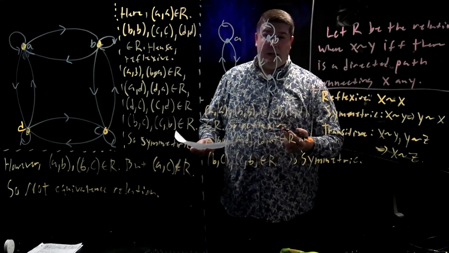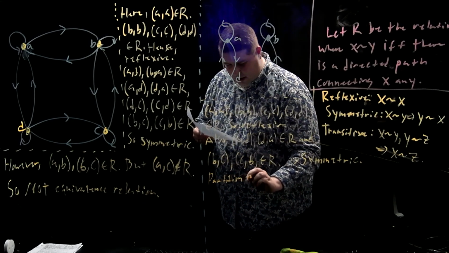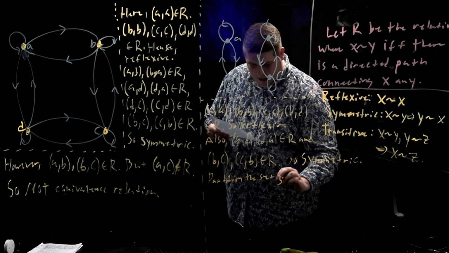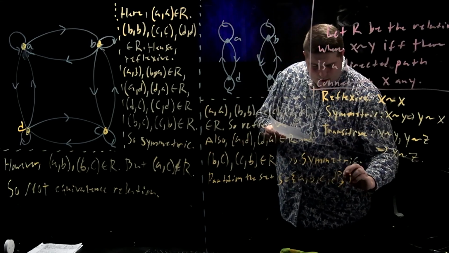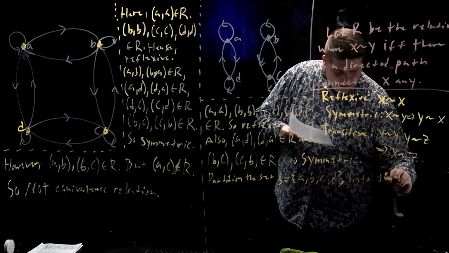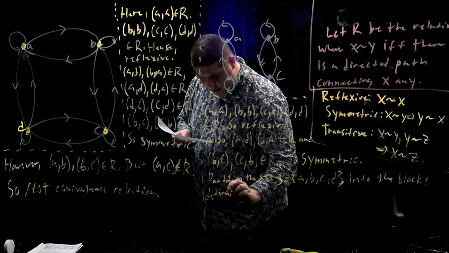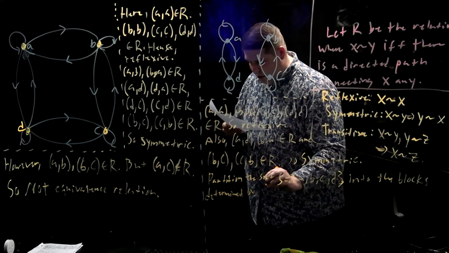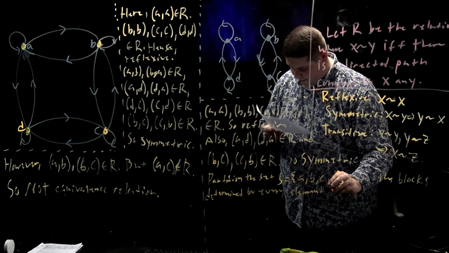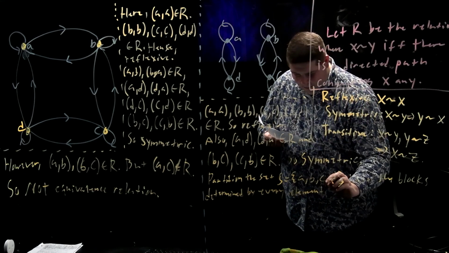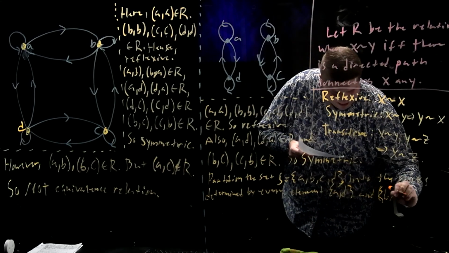So what we can do here to prove transitivity is we can partition the set S into A, B, C, D, okay, into the blocks determined by every element, by AD and BC, okay?